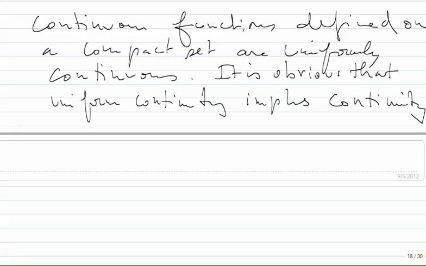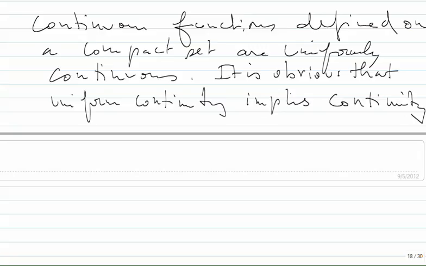For example, there are easy examples on the real line that students can easily come up with where these two concepts are not equivalent. Again, they are equivalent only on compact sets.